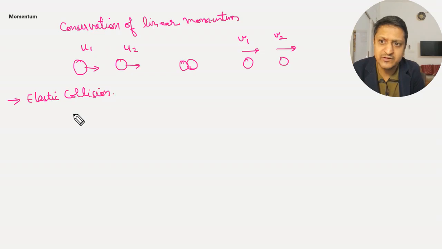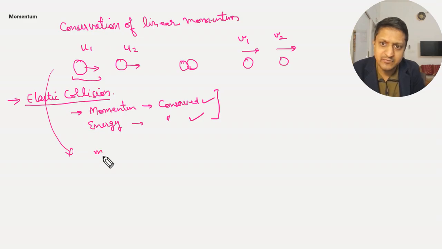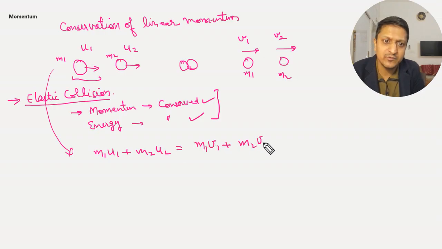In elastic collision, momentum is conserved and energy is also conserved. So both of the things are conserved in elastic collision. Here we will have two formulas for that. The initial momentum, if this body is m1 and this is m2, so m1 u1 plus m2 u2 equals m1 v1 plus m2 v2.